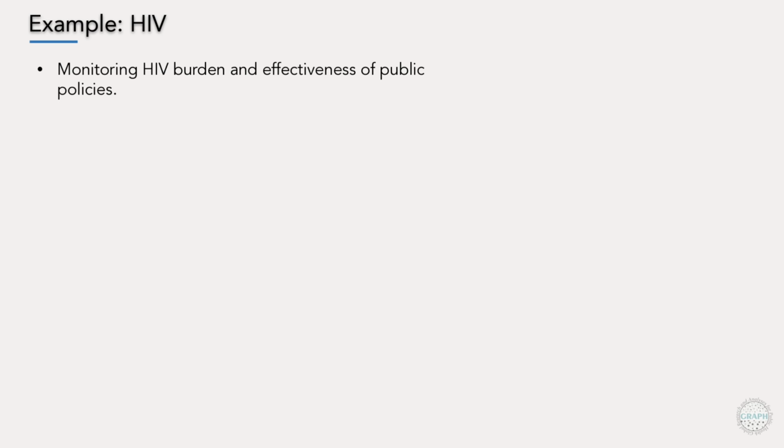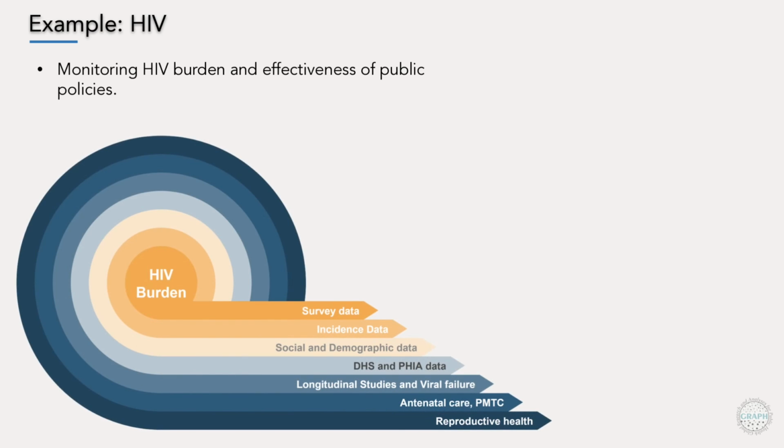So, can we give an example of how to properly use EpiGraphHub? Let's take a look at how we would bring data together to monitor the HIV burden on a country's scale, or on an even larger scope. So you have to bring together survey data, incidence data, social and demographic data, data from DHIS, FIA, longitudinal studies, data about viral failure, data about antenatal care, probability of mother-to-child transmission, reproductive health data, all sorts of very heterogeneous data sources.